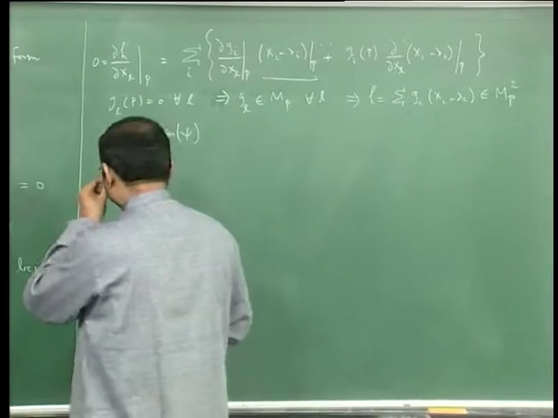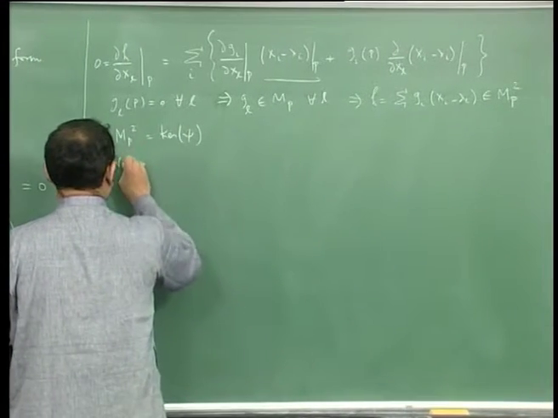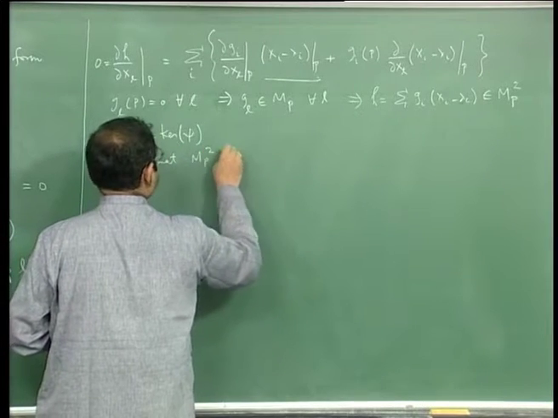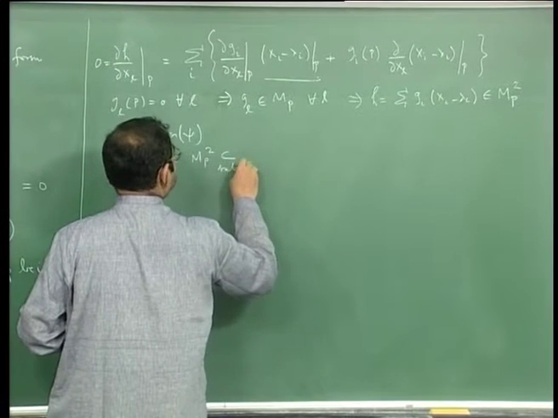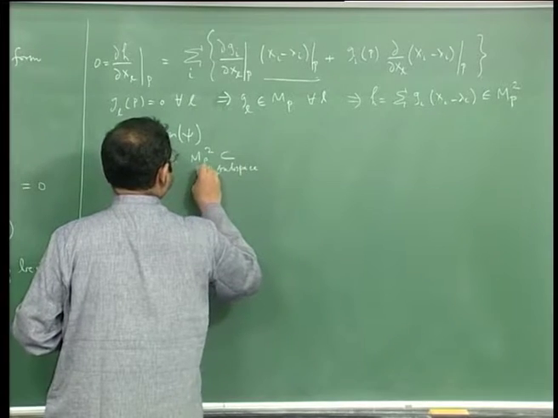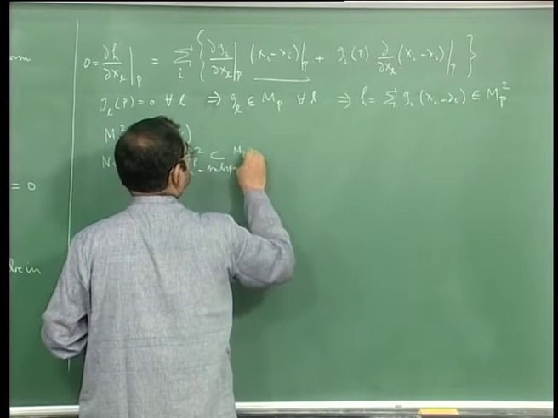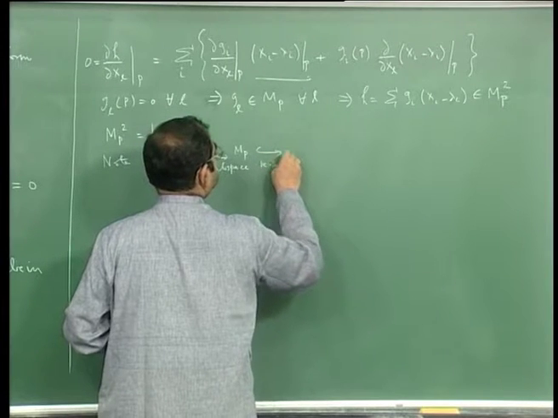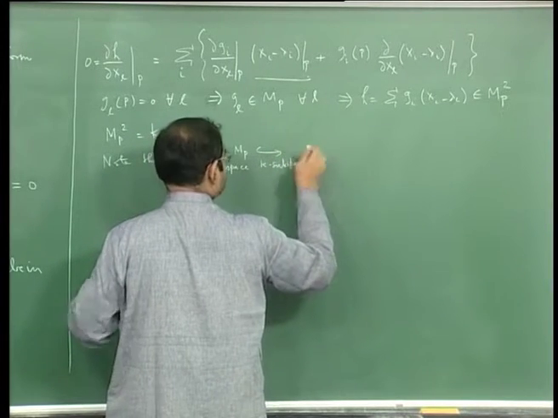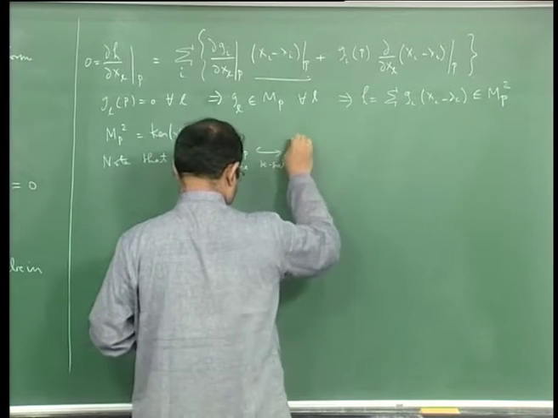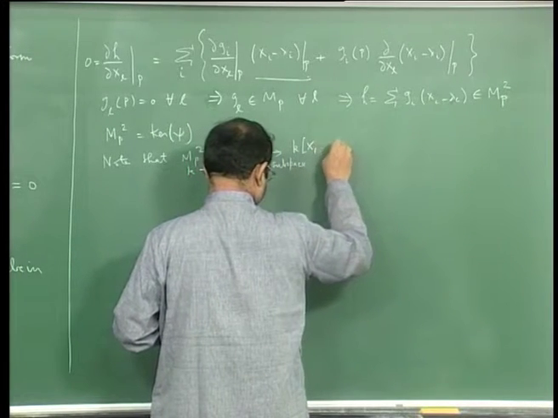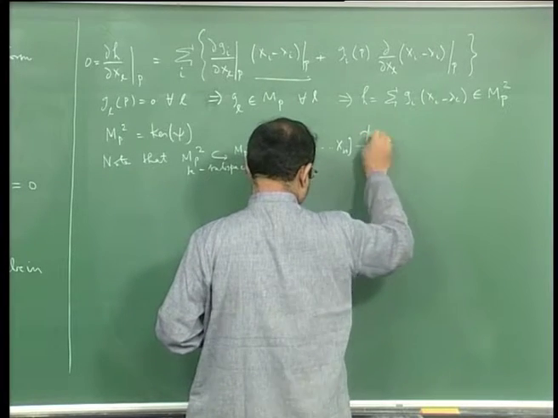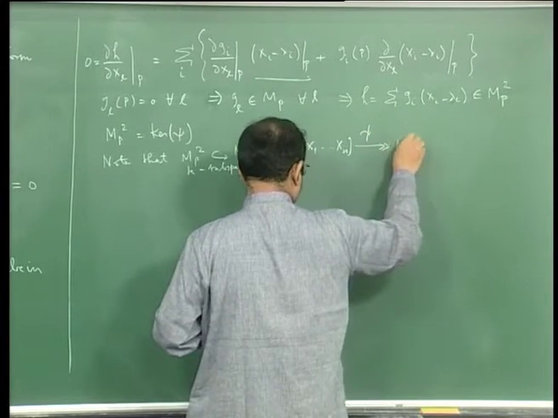Note that M_P squared is a K subspace of M_P, which is also a K subspace. Subspace means vector subspace, and there is this map psi into K^n.